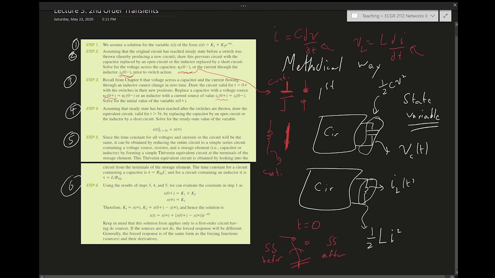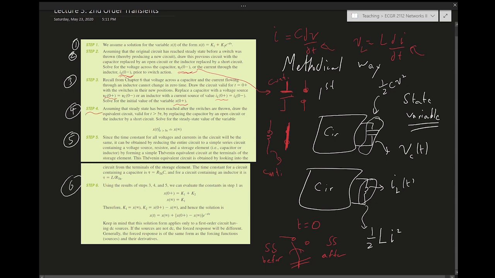Because of the continuity of the capacitor voltage and the inductor current, that allows us to find their values after the transient, and we use those values to find the variable we're solving for just after the transient. Right? And then we have that initial condition.